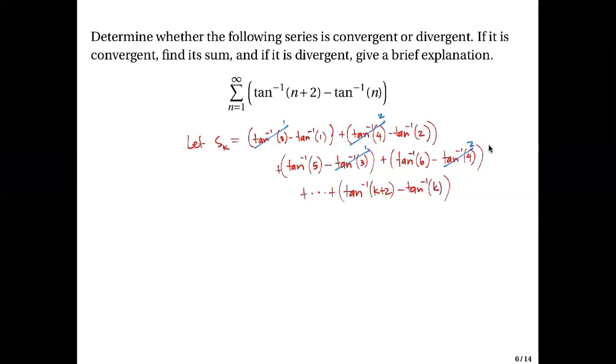And if we added one more term where n equals 5, the minus tangent inverse of 5 will cancel this one, on the third term, etc. And then what part will be canceled here? The tangent inverse of k. So notice that this one will be canceled.